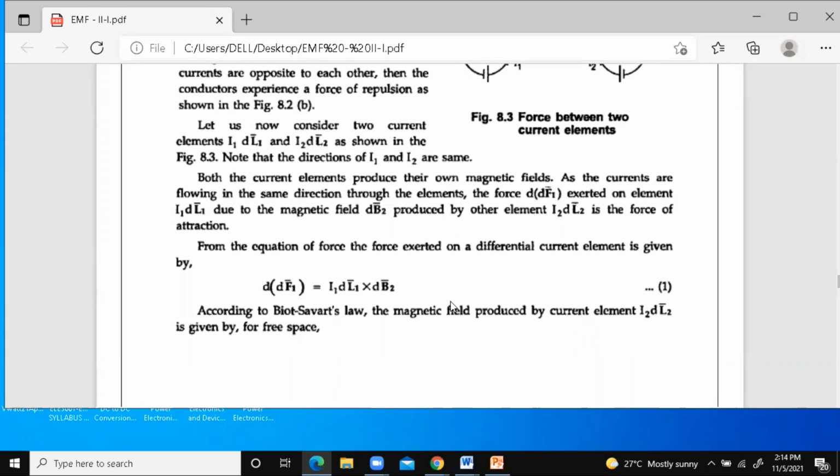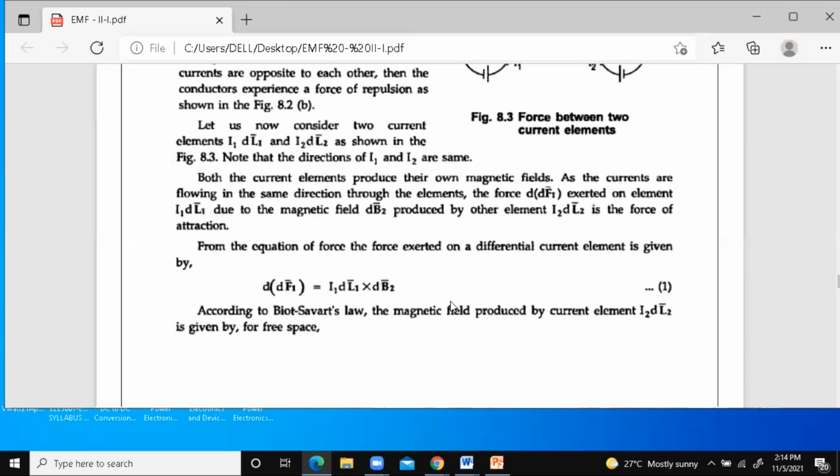Both the current elements produce their own magnetic field. As the currents are flowing in the same direction through the elements, the force dF1 exerted on element I1 dL1 due to the magnetic field dB2 produced by the other element I2 dL2 is the force of attraction.